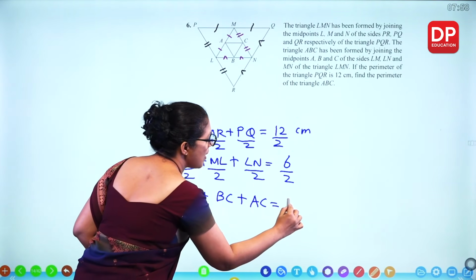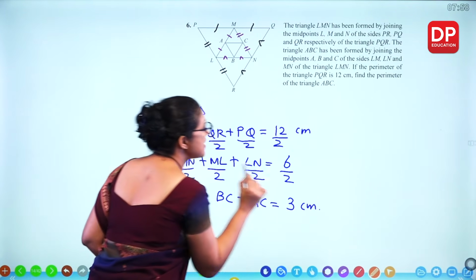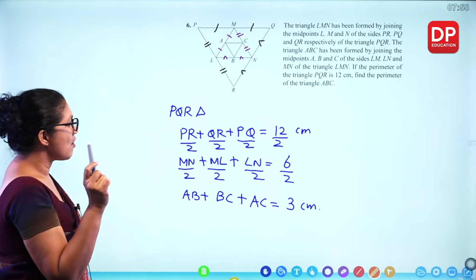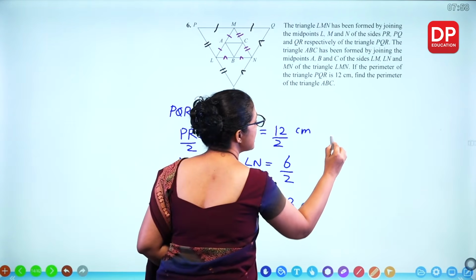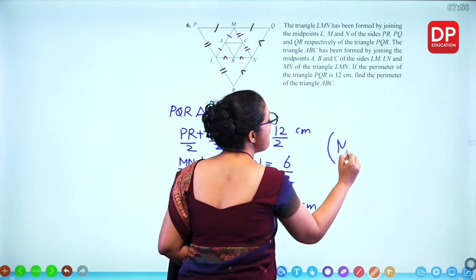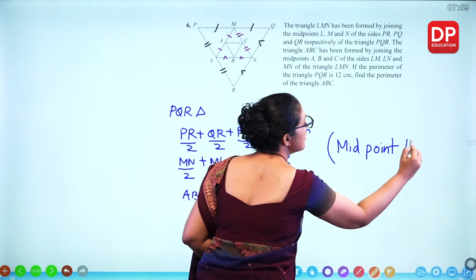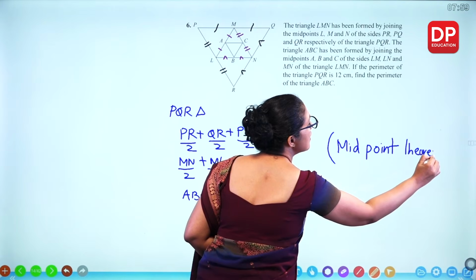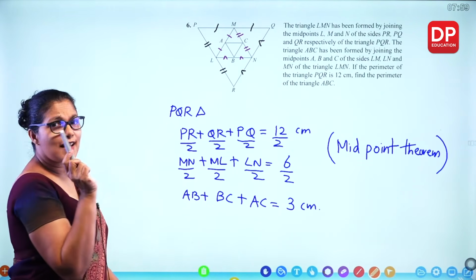So 6 divided by 2, you get 3 centimeters as the perimeter of the ABC triangle. So all these we can use according to the midpoint theorem. So this is a nice example.